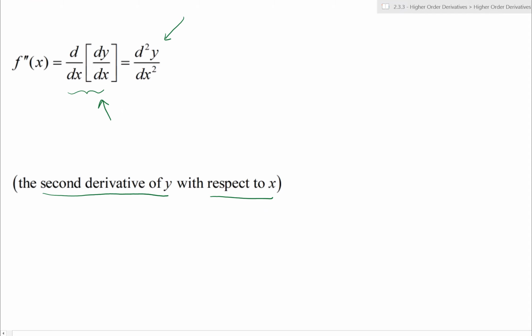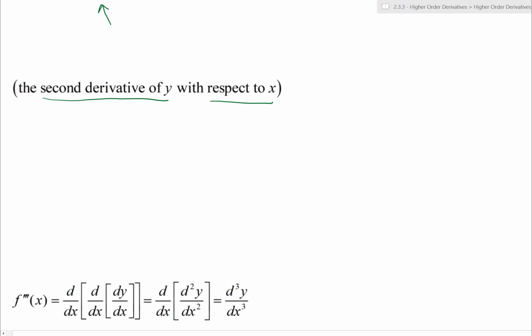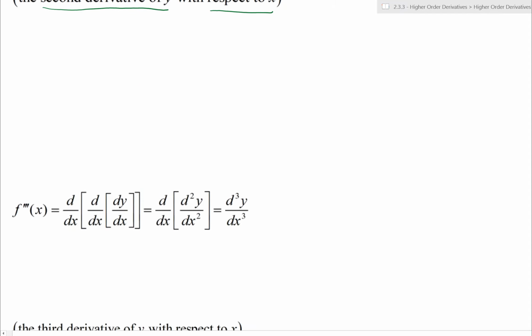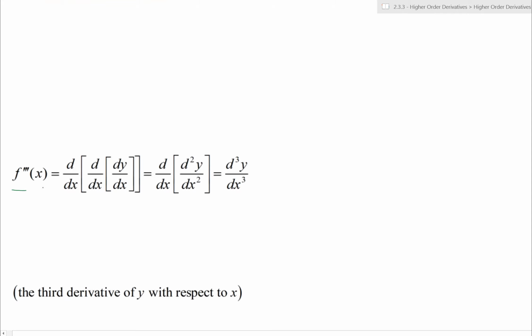So you might kind of guess what the f triple prime of x would look like right here. F triple prime of x is the same thing as, okay, I differentiate my function y with respect to x once, then I'm going to differentiate that, then I'm going to differentiate all of that. So I'm differentiating y with respect to x 3 times.